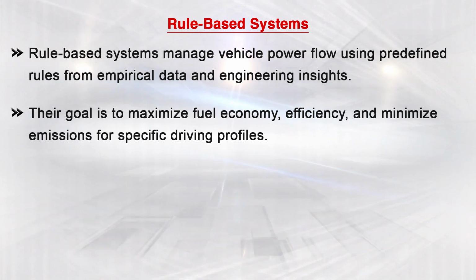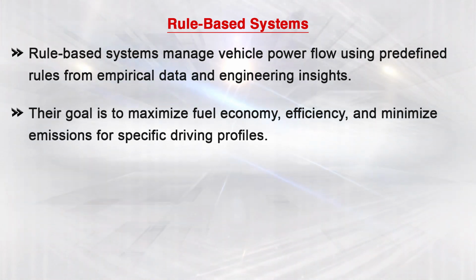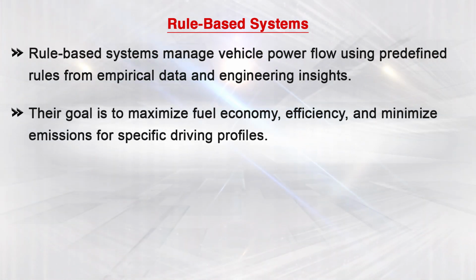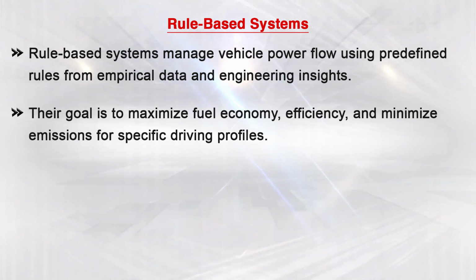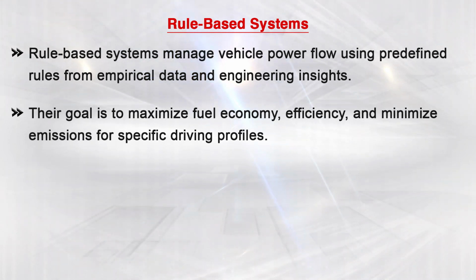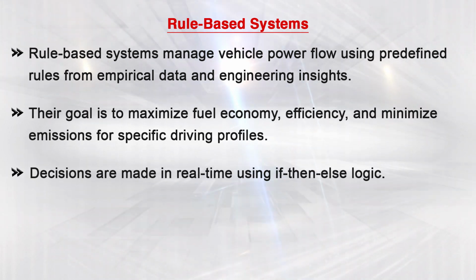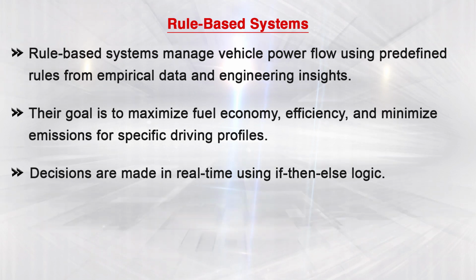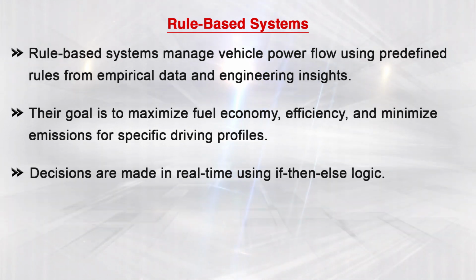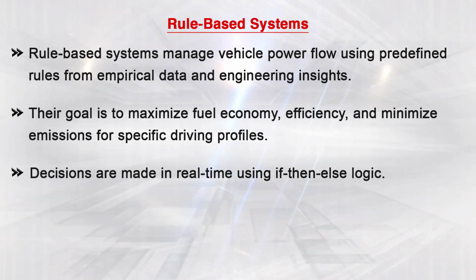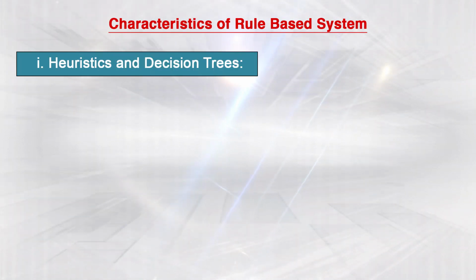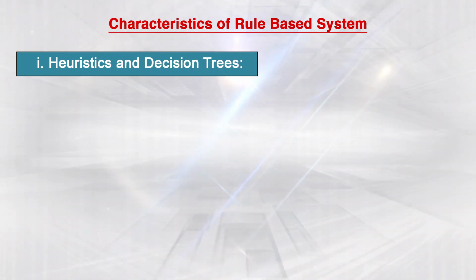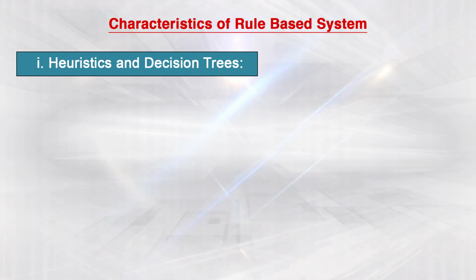The primary goal of a rule-based system is to ensure maximum fuel economy, high efficiency and low emission under certain predefined driving profiles. They operate based on real-time data and immediate conditions using a set of if-then-else rules to make decisions. Some of the characteristics of the rule-based system are given here: heuristic and decision tree.